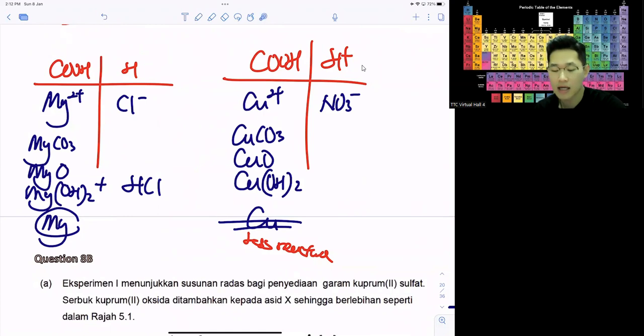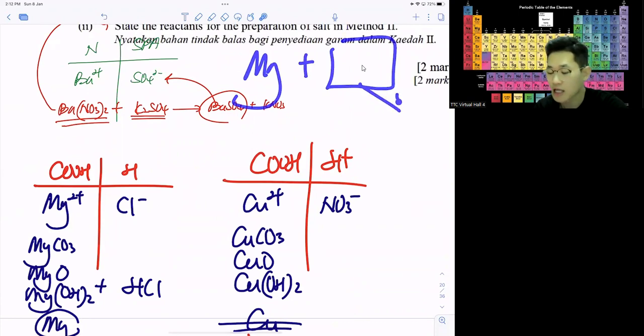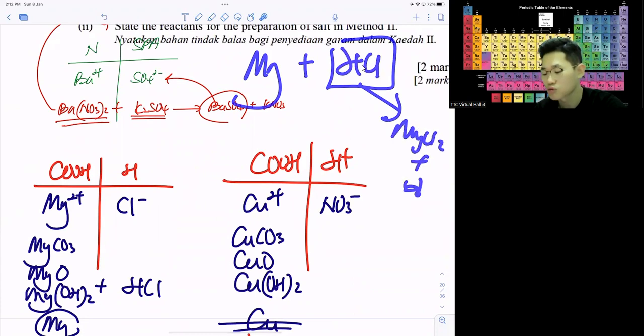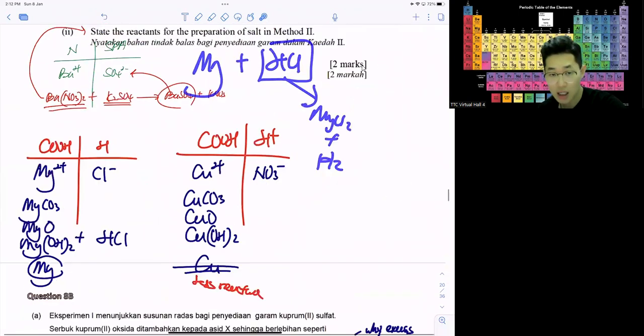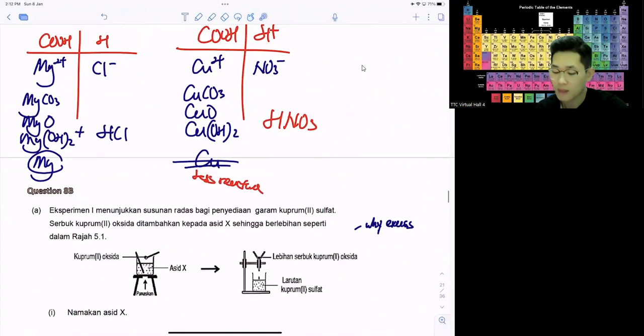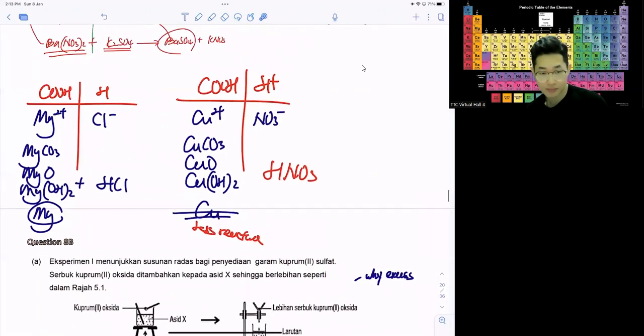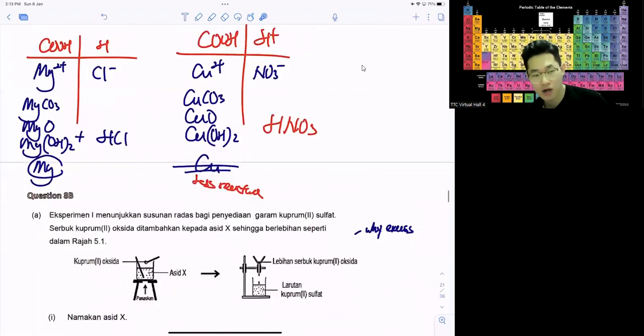They will tell you that you have a metal Mg and then react with a strong acid to get a salt. So the strong acid HCl, then MgCl2 plus H2. Okay, so here will be HNO3. Just like that.